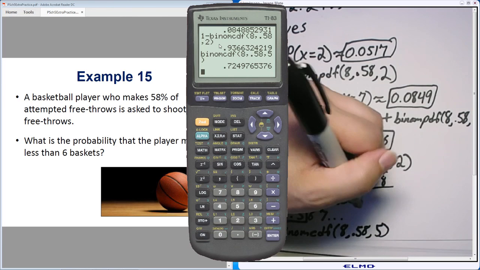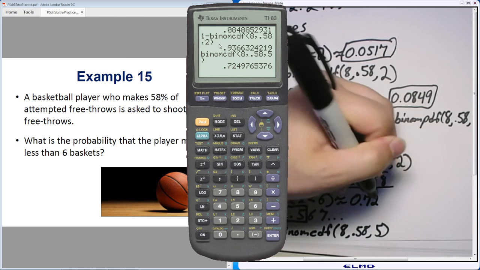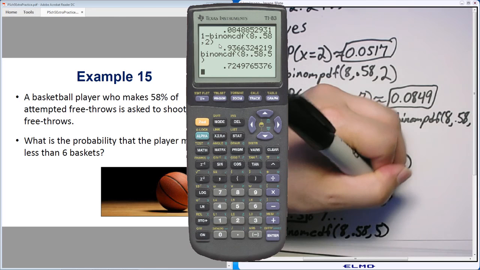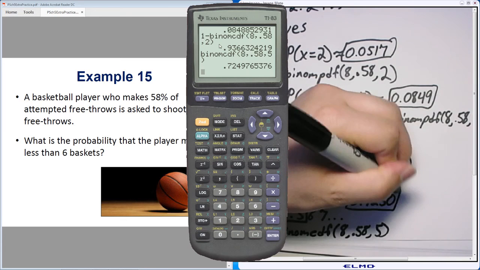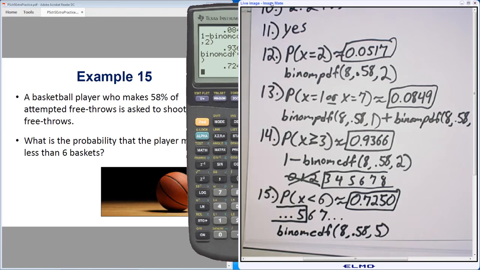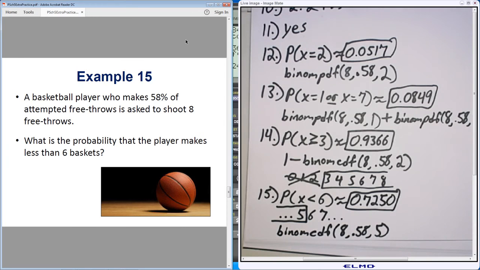And there I have it, 0.7250. Of course, you could have done a binom PDF of 0, 1, 2, 3, 4, and 5 and added all those answers together. You would have gotten the same thing.